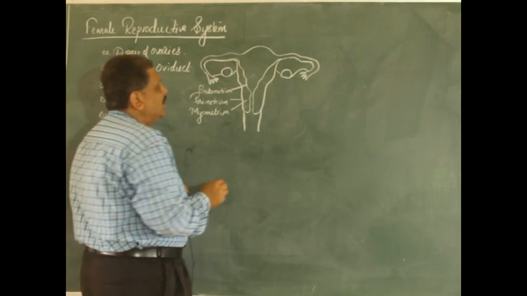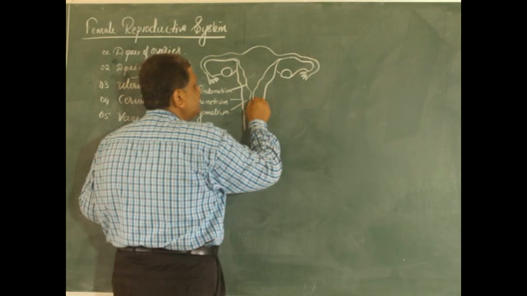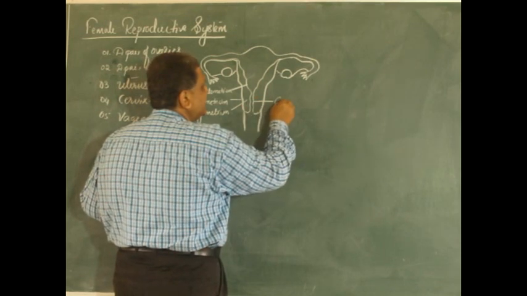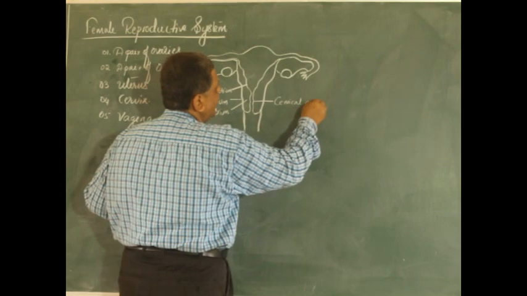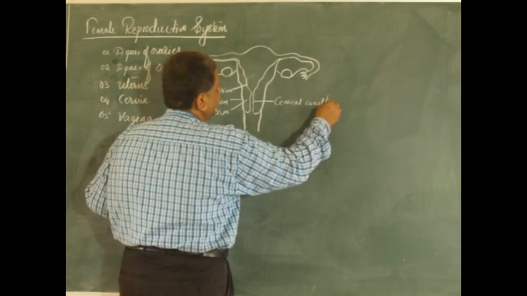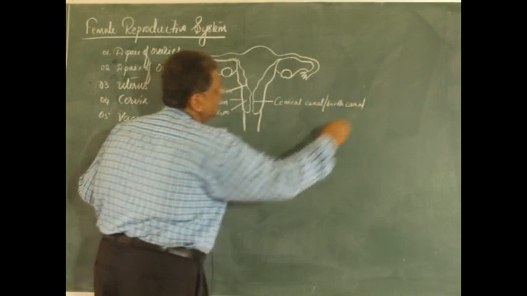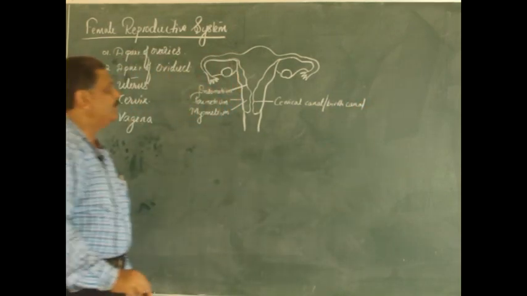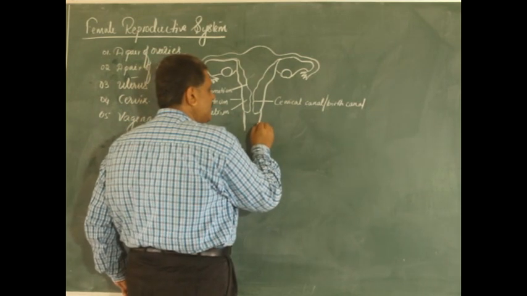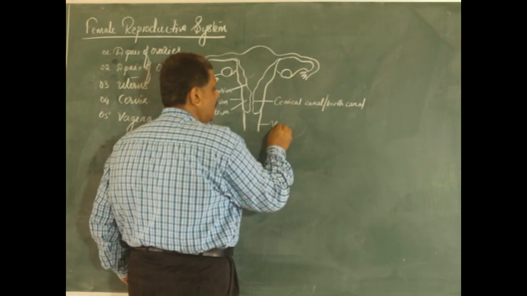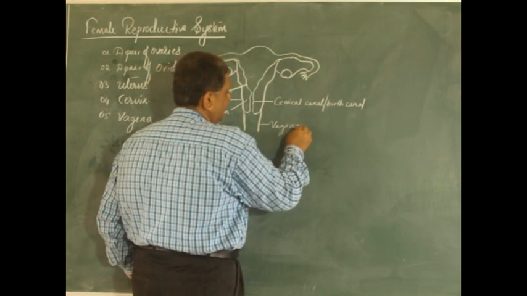And here this particular portion is called cervical canal, or it is also called birth canal. And this particular portion is called vagina.